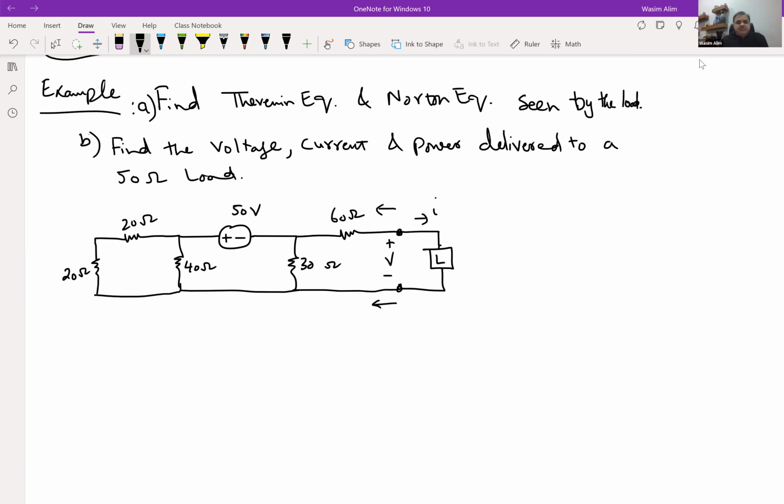So let's think it through. What would be the best approach? Where should we start from here, right?